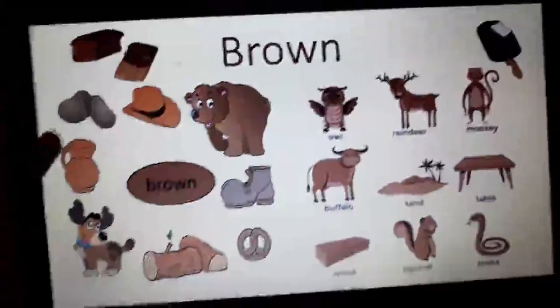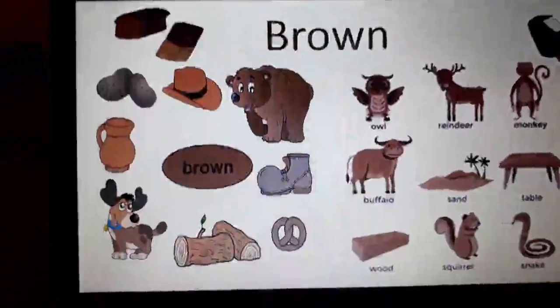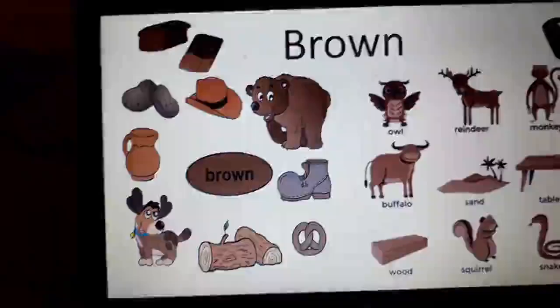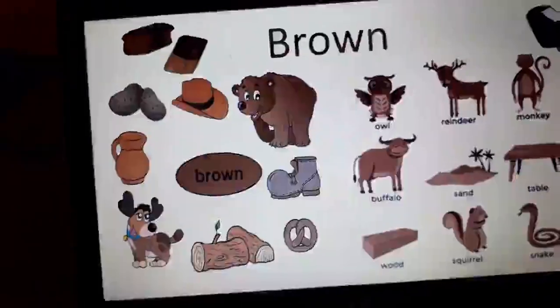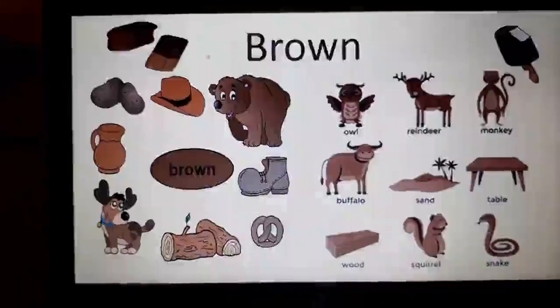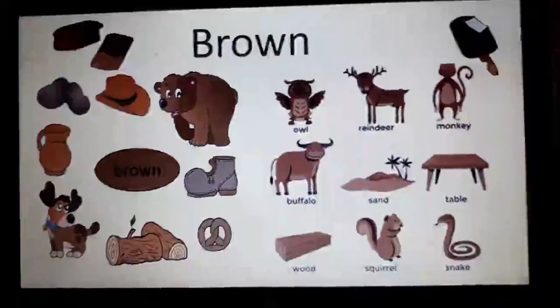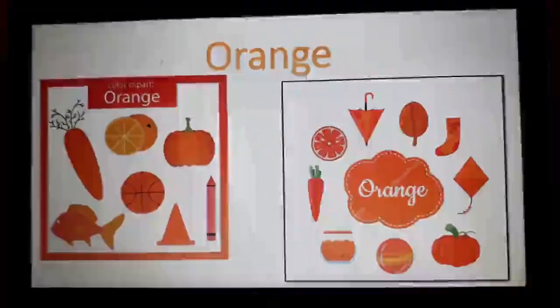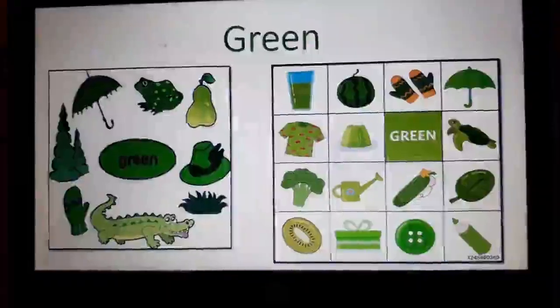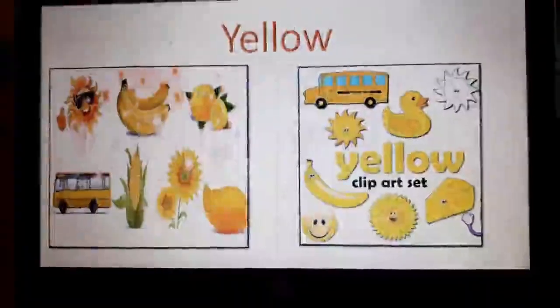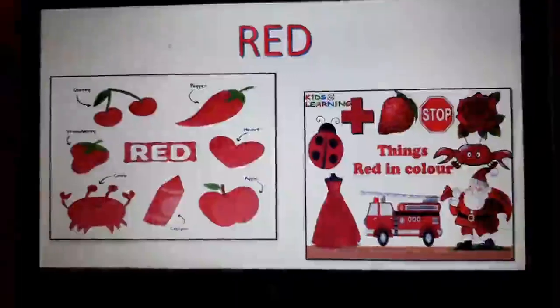Then we have one vegetable, potato. Potato तो आपने देखा होगा ना घर में, जो उसका पील उतारती है मम्मा, that is brown in color. Understood? So class, today we have revised the colors brown, orange, green, yellow and red.